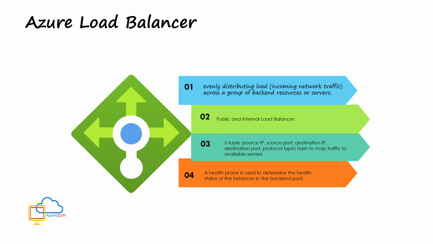It means it will compute the hash of source IP, source port, destination IP, destination port, and the protocol you are using, like TCP, UDP, or so on. Accordingly, it will map the traffic to an available backend node. Load balancer uses health probe to determine health of backend node. I will discuss more on health probe in upcoming slide.